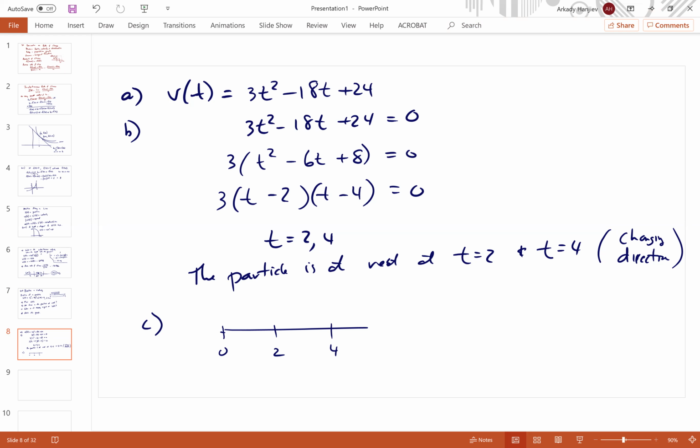Really we're testing whether the velocity is positive or negative in the interim between 0 and 2. We could put a little X mark right here for 1. We're testing V of 1, and we don't even care what the number is, we care about what the sign is.